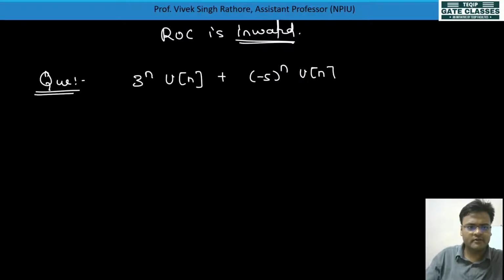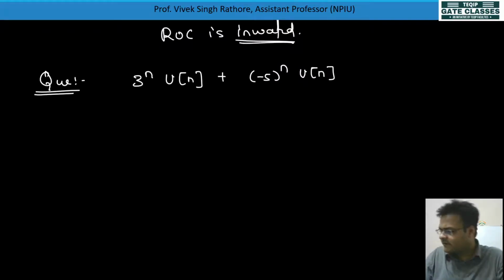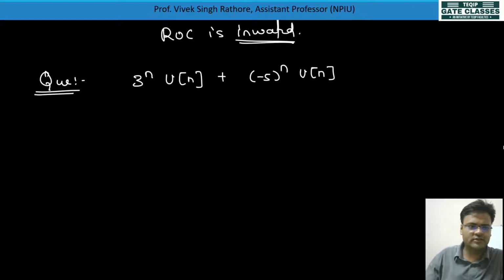Both signals are right-sided only, and we need to see how the ROC is formed by considering its poles. So see, its Z transform will be Z by Z minus 3, and here Z by Z minus of minus, so Z plus 5 will be there.